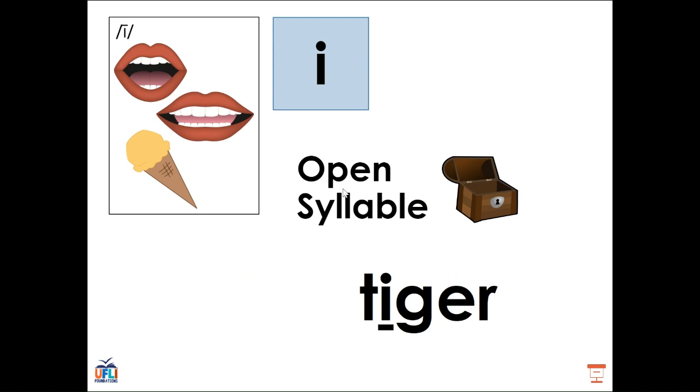We know that I will say I, its name, when it is in an open syllable. An example of that is tiger. So the G goes with the next syllable and that leaves the I not closed off by a consonant, and it says I, as in tiger. Okay?